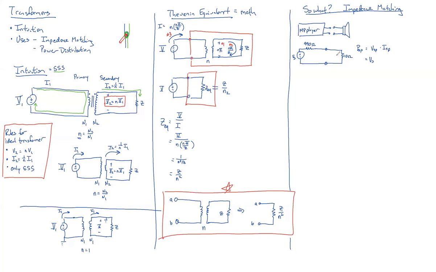That's not what the speakers see. Right, so the speaker is that 10 ohm resistor. So V at the 10 ohm equals VS times 10 over 10 plus 990, which is big. So that's our V speaker.